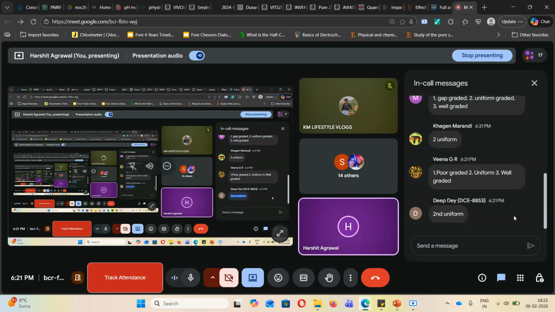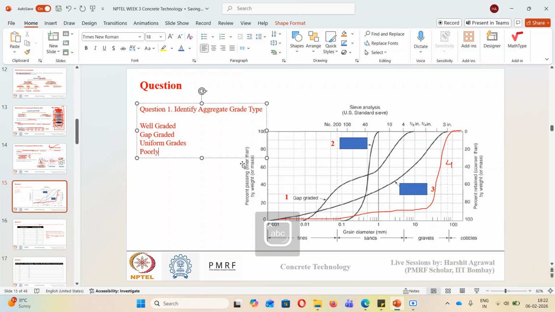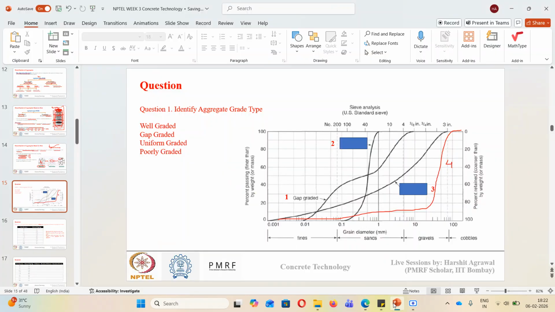I have received a few answers. What will be the fourth one? I have added four also. Okay, the second one is uniformly graded.